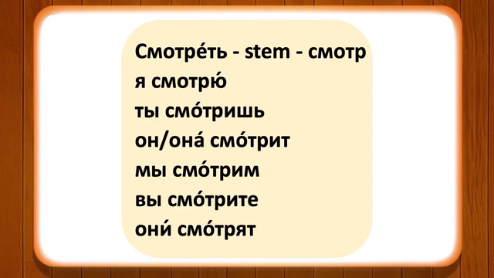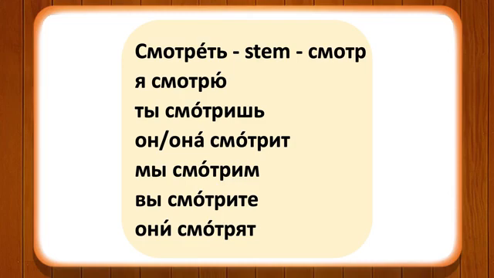So when you pronounce the conjugated forms, you will pronounce it accordingly. I will repeat once again. Я смотрю, ты смотришь, он смотрит, мы смотрим, вы смотрите, они смотрят.